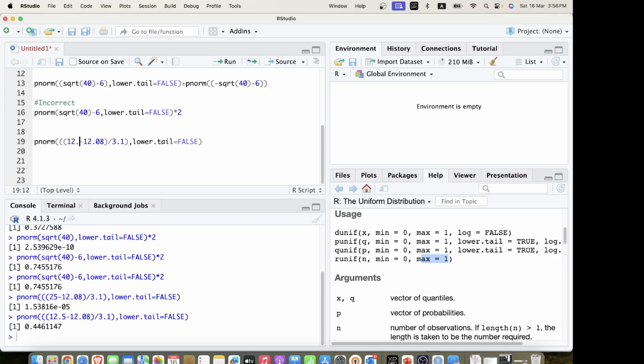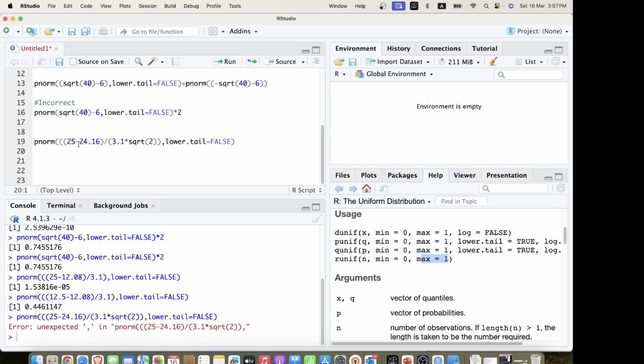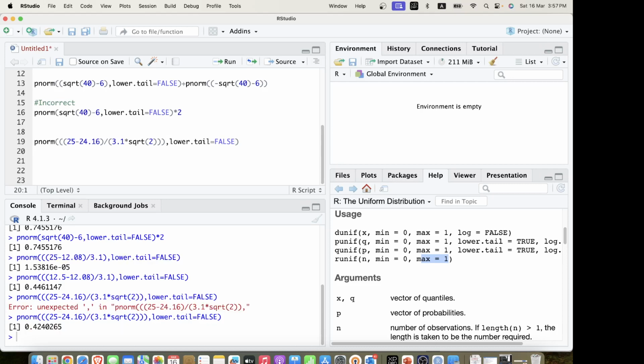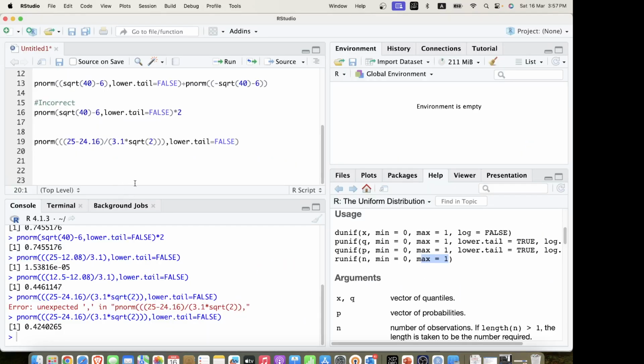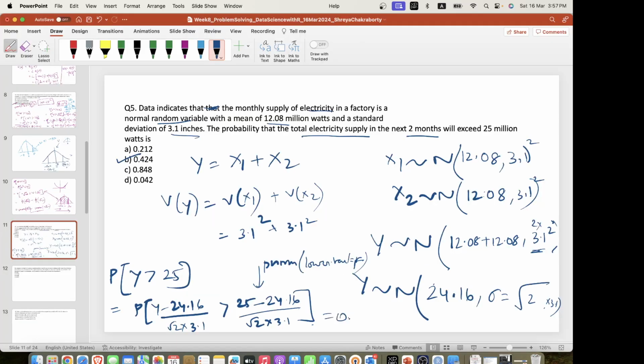So this would be 25 minus 24.16 divided by 3.1 into square root of 2. Alright, so this is 0.424. This is the answer.